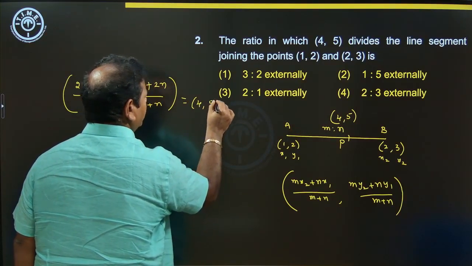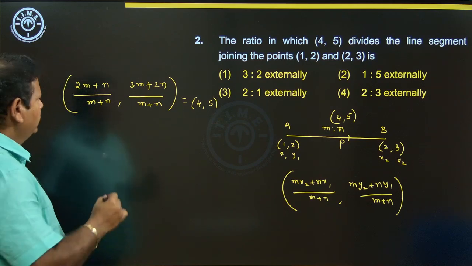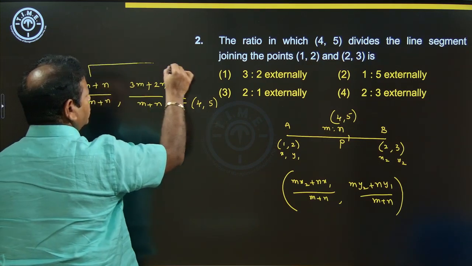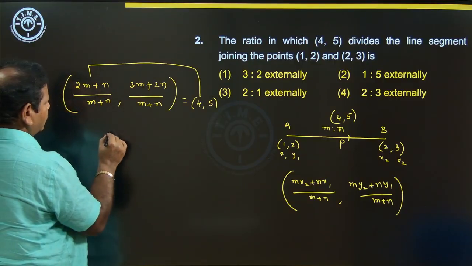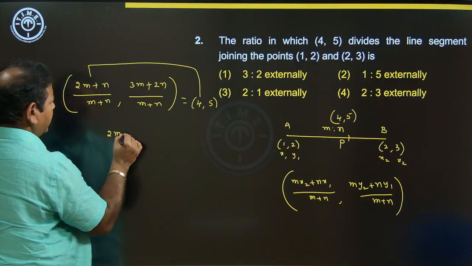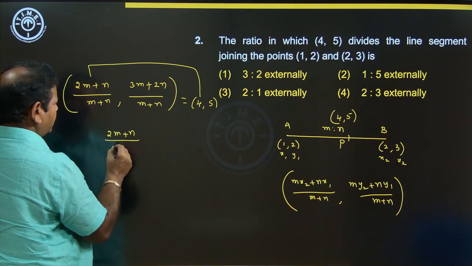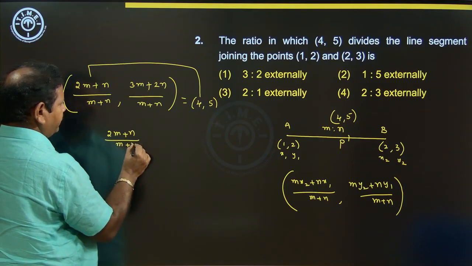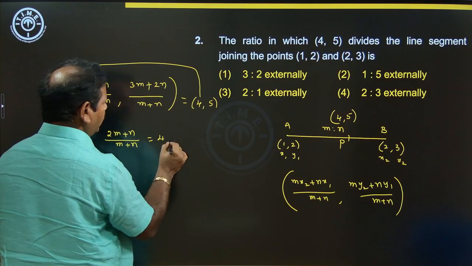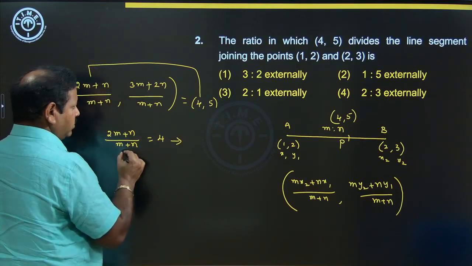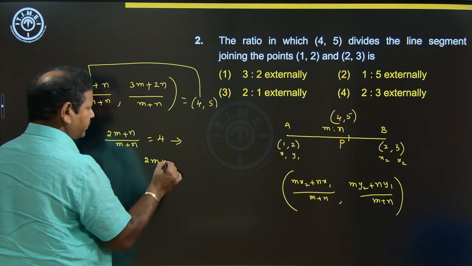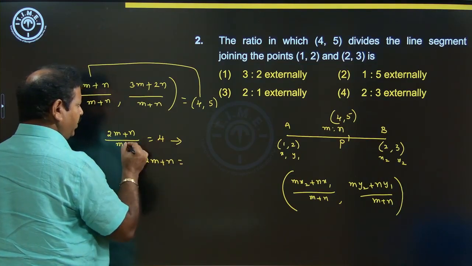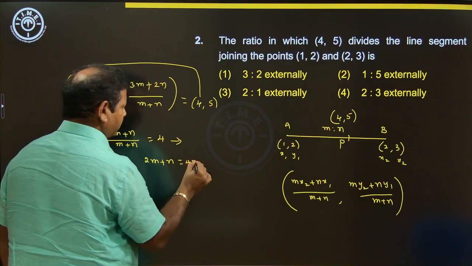What did he tell us? 4 comma 5. Then let us do one thing. Equate the first to first or second to second, your wish. Equating these two, (2m plus n) by (m plus n) equal to 4. Then just do the cross multiplication. 2m plus n equal to, multiply with 4, 4m plus 4n.